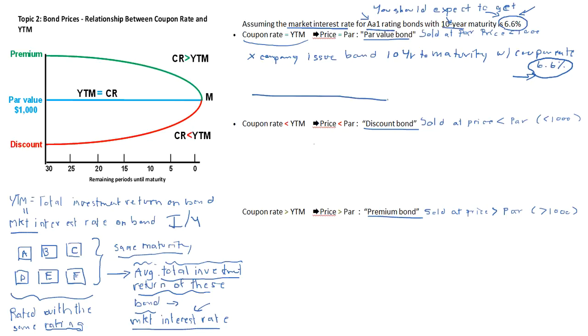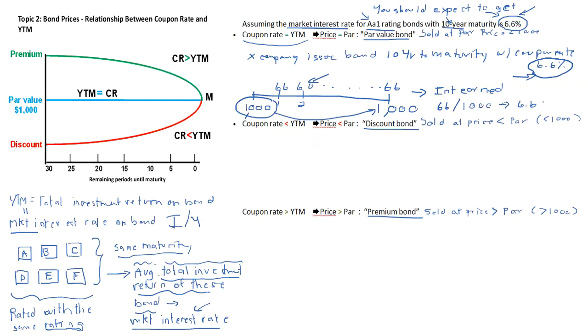So the reason that X company pay the same interest rate that you expect, that means that in order to get $1,000 back later and get $66 each year, you are willing to pay $1,000 today and then get $1,000 back later, because your earning here, okay, your interest earned for each year will be same as 6.6%, which is 66 divided by 1,000.